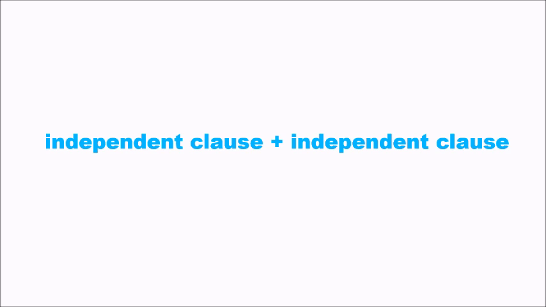Let's explain this a little bit further. An independent clause is a type of clause that makes sense on its own. It doesn't require any additional information. When we have an independent clause plus another independent clause, we use a linking conjunction.